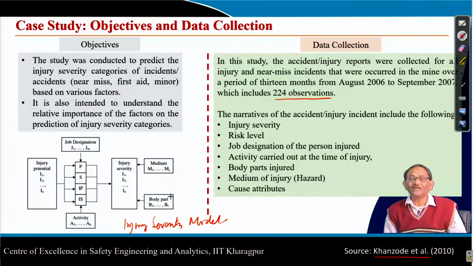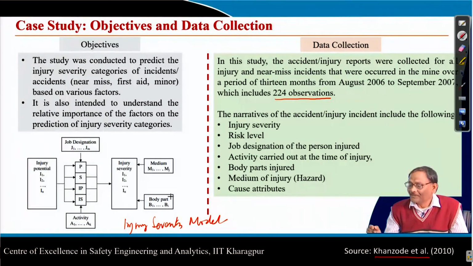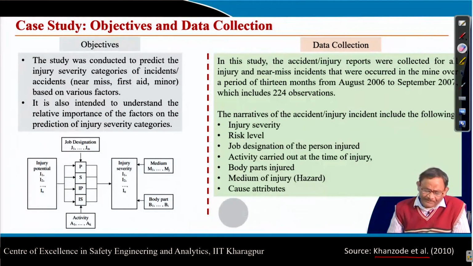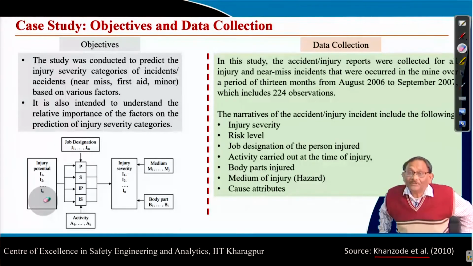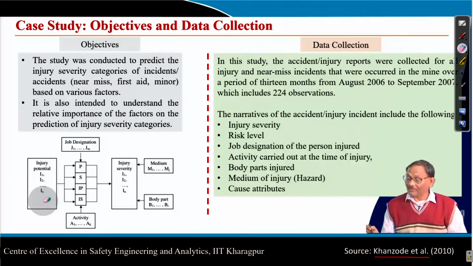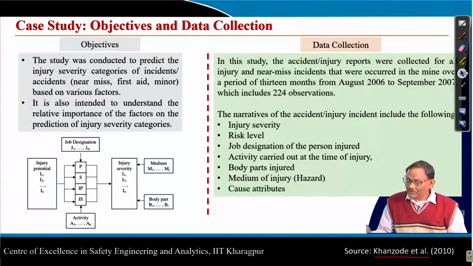We used the earlier analysis there, but here we are using a classification tree, and this classification tree is a new one definitely. And I am happy to tell you that this study was highly praised by the concerned mine personnel.